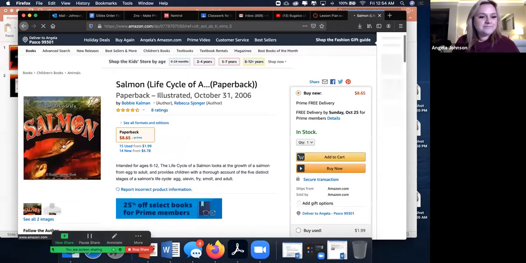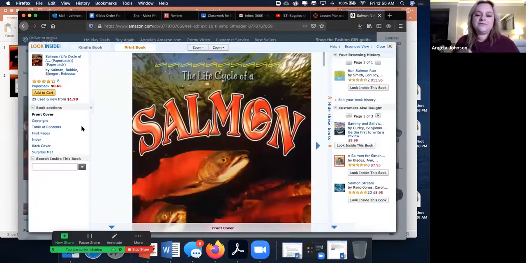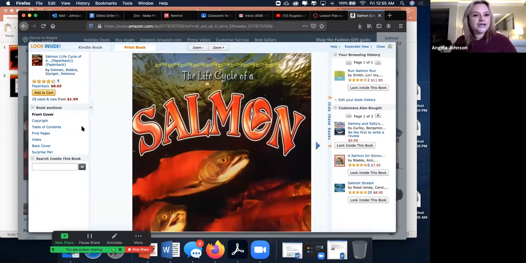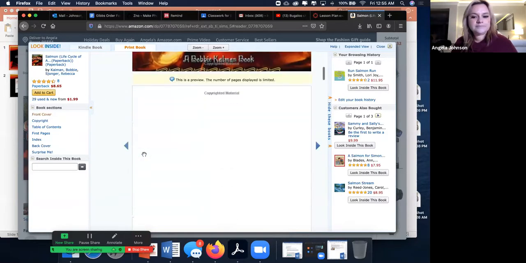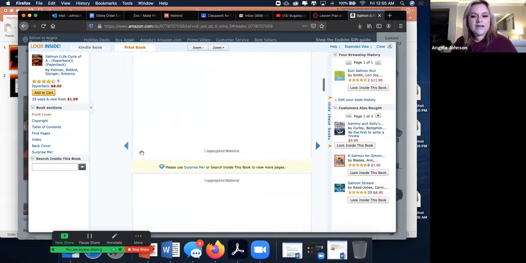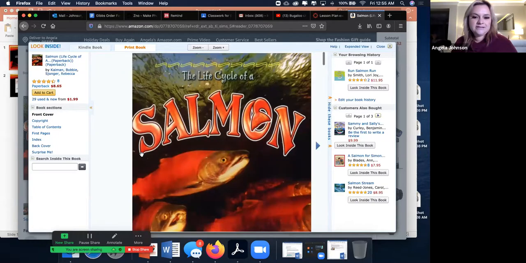This one, the life cycle of a salmon. This one was actually very, very good. This book was excellent. So that's like a literacy connection. This is more of a nonfiction.